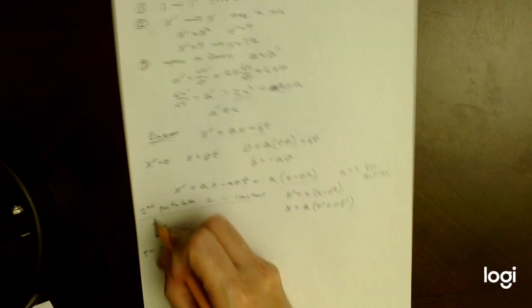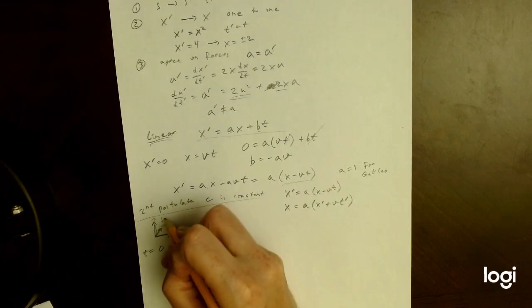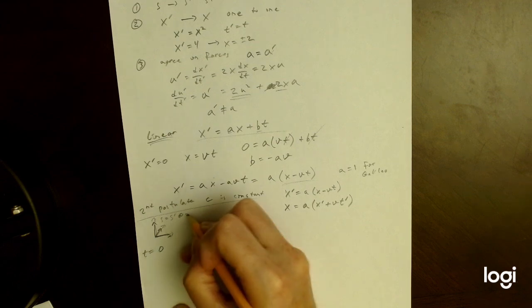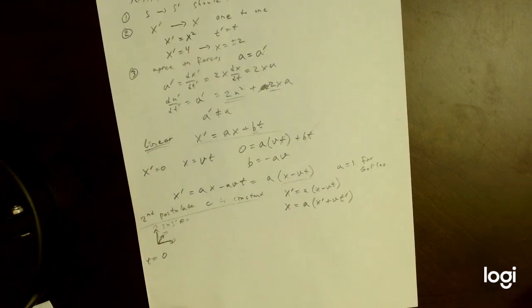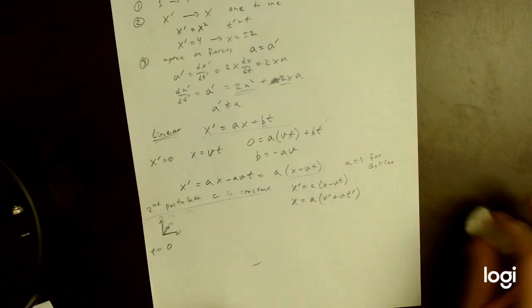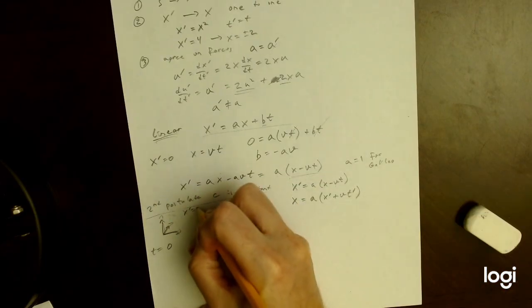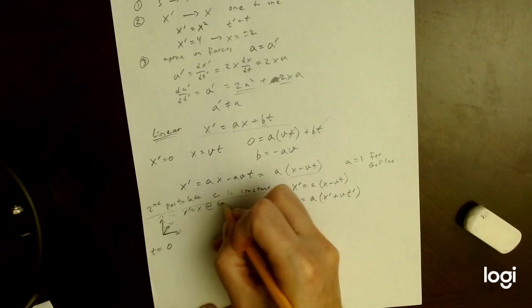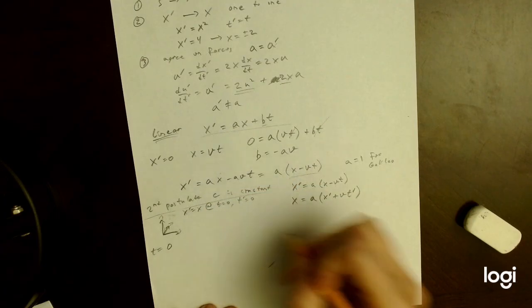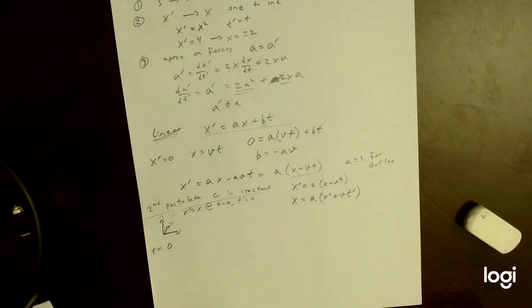So here s overlaps s prime, with x prime equals x at t equals 0, and that would also imply t prime equals 0, because if we compare our clocks right at that same time, they will overlap, assuming they're cospatial.